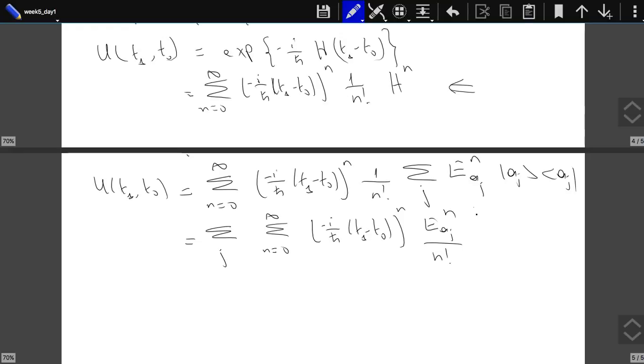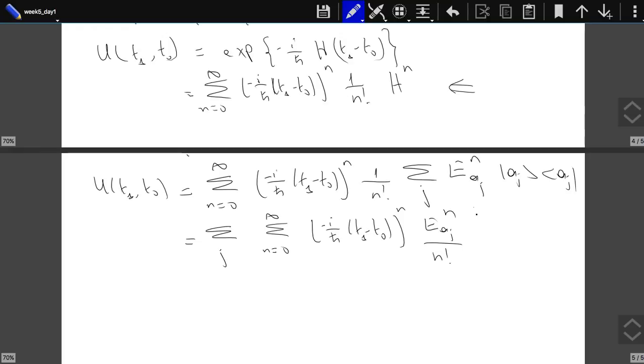This is sum over j e to the power minus i over h bar, so here I forgot an E_aj, and let me also choose t0 to be 0 for simplicity, minus i over h bar t E_aj, a_j. This is my ket.